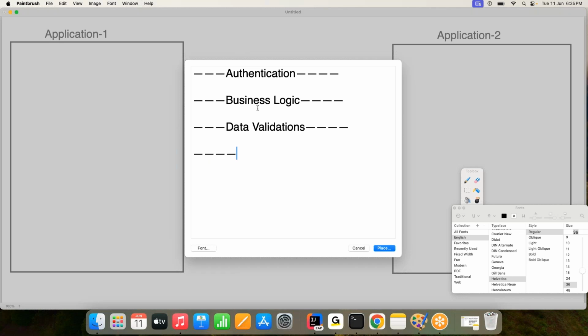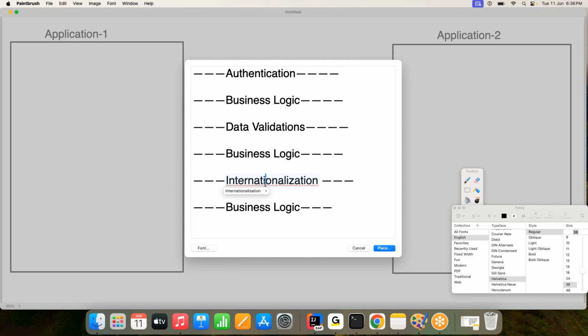Next one is business logic. After that, internationalization. Even if you're not aware of the terminology, no need to worry. Just understand that except the business logic, everything I'm providing is services logic. Now this is business logic. Like this here we provided some content.